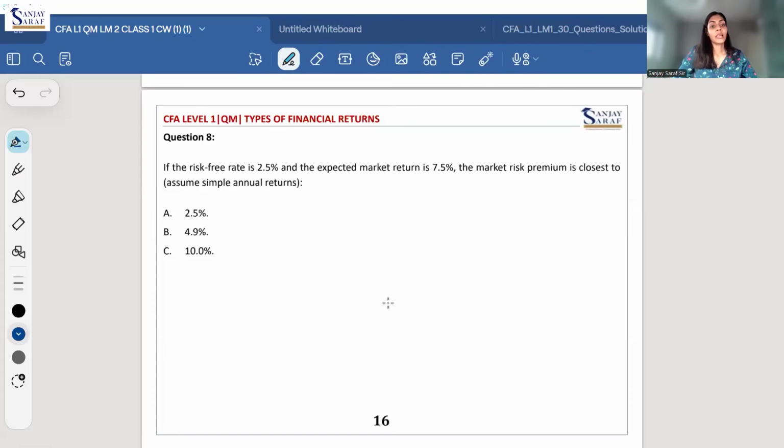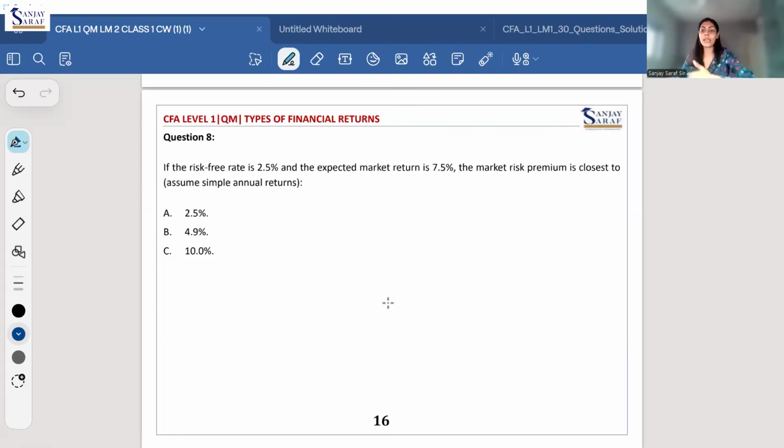Question 8. If the risk-free rate is 2.5% and the expected market return is 7.5%, the market risk premium is closest to, assume simple annual returns.